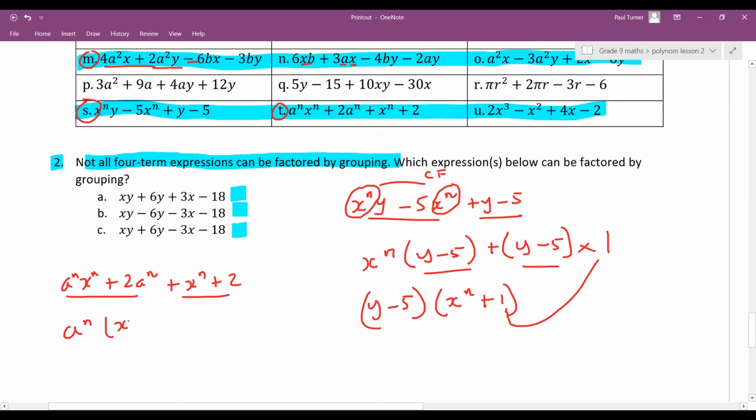You are left with xn plus 2. Your last term is also xn plus 2. So your common factor then is xn plus 2. And you're left with an plus 1. There, finished.